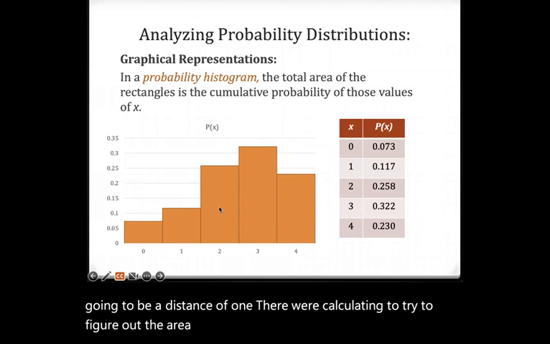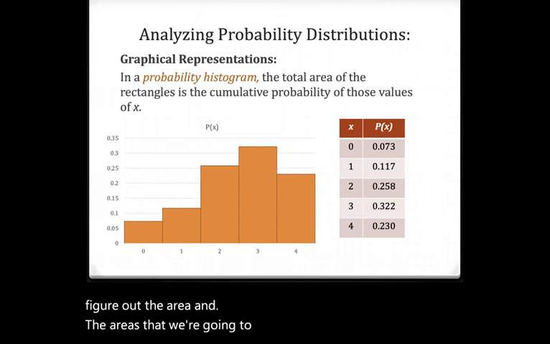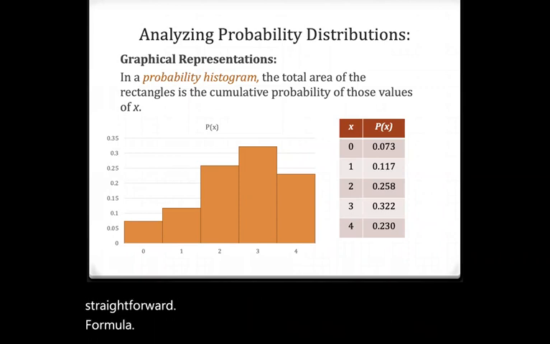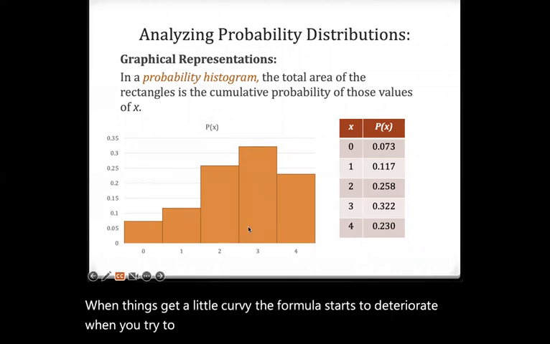And the areas that we're going to be calculating next week aren't so boxy. So calculating the area of rectangles and squares is a very straightforward formula. When things get a little curvy, the formula starts to deteriorate when you try to calculate area. And that sort of goes into calculus.